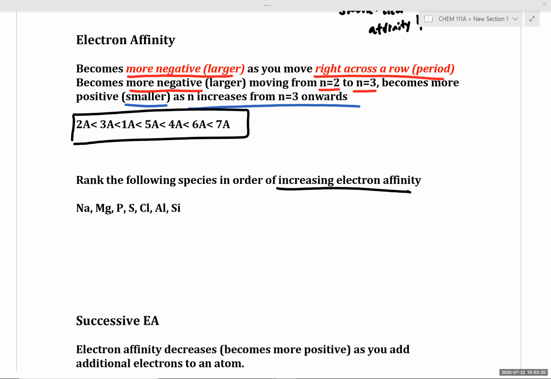Yes, in general, electron affinity increases as you move to the right on the periodic table. Just make sure you're accounting for exceptions.